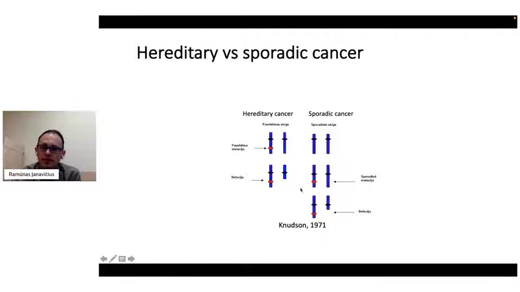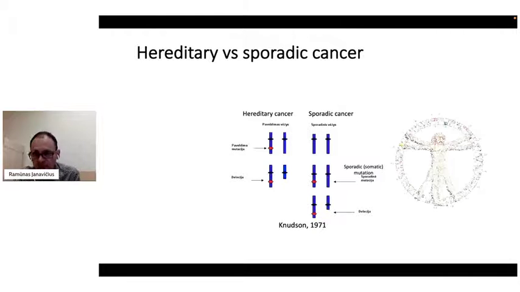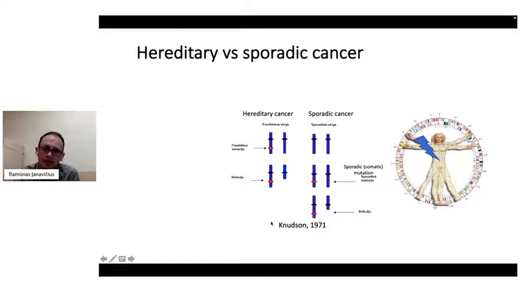And in the case of sporadic cancer, initially from the zygote stage, all chromosomes or genes are normal, and after the course of life, in a single initial somatic cell, a spontaneous mutation happens, and that can be regarded as the initial trigger for some other cascade of events, and only after the normal allele is inactivated by another mutation do we have a malignant phenotype, and obviously there is a cascade of progression.